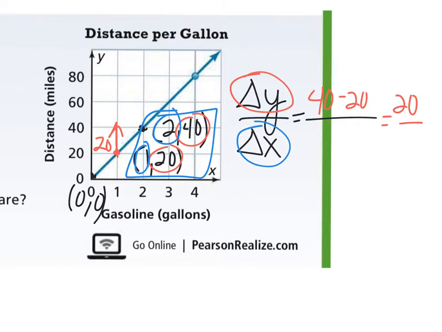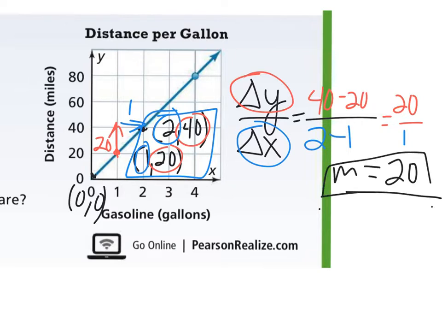So for that, we could do 2 minus 1, which is 1, as our change in x. So we went up 20 over 1, so our slope is 20 over 1, which is the same as 20. Really, the hard work has been done at this point. That's our slope, which we can actually call m.